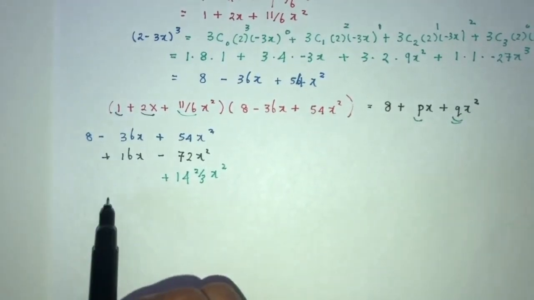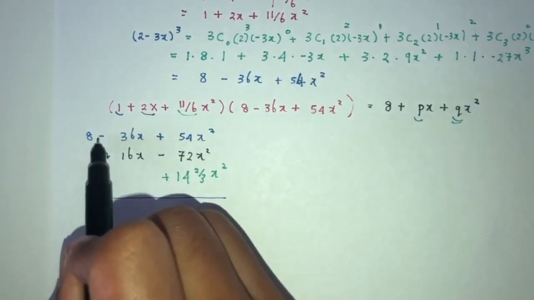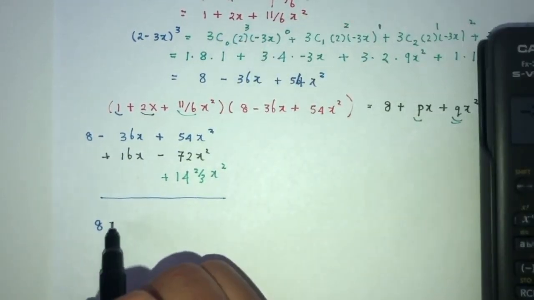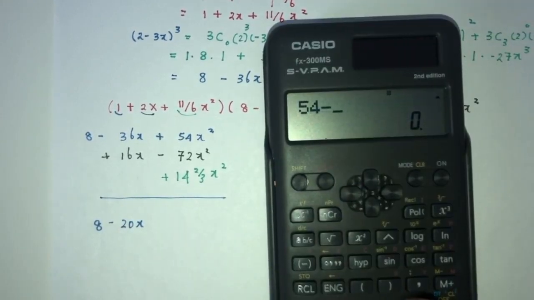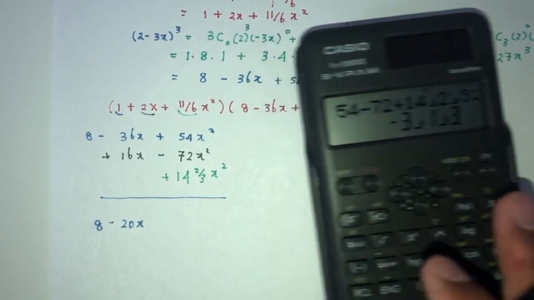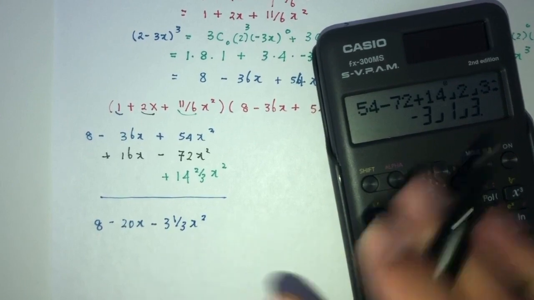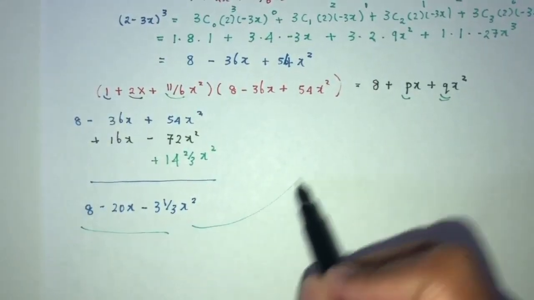Now we have to simplify this. So this is 8, right? Minus 36 plus 16, that'll be minus 20x. 54 minus 72 plus 14 2/3, that should be minus 3 1/3 x squared. Now, we do understand this is supposed to be this.